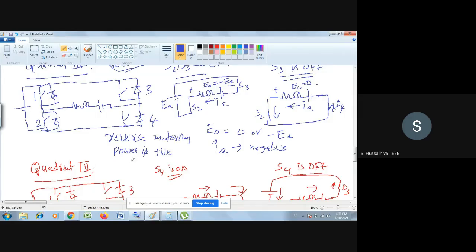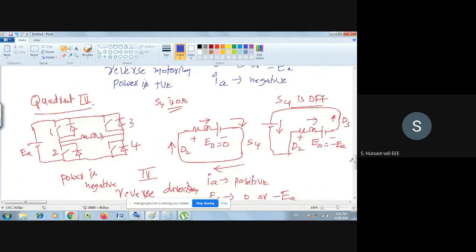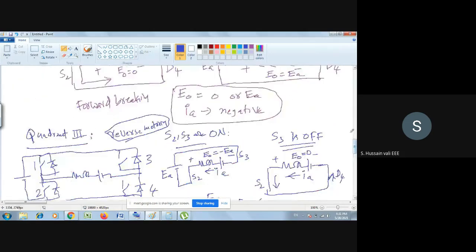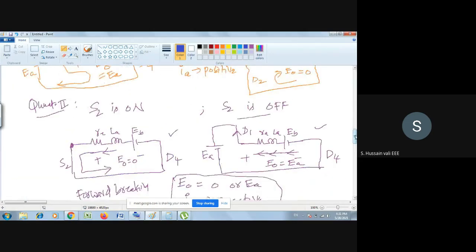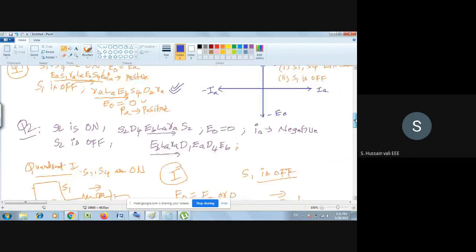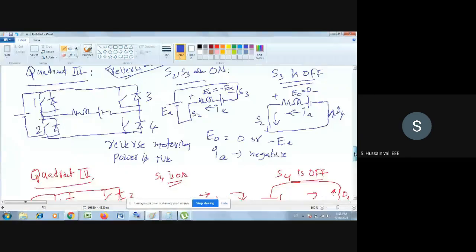Whether it is reverse direction or forward direction depends upon the polarity of E naught. I'm showing here already, E naught polarity is negative. So you are reversing the terminals of the armature.